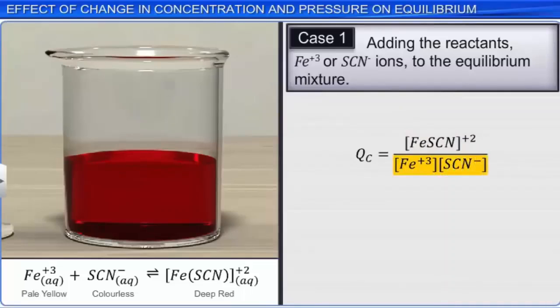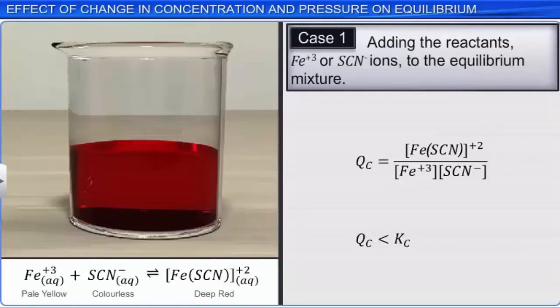On the addition of Fe³⁺ or SCN⁻ ions to the equilibrium mixture, the denominator value in the expression for the reaction quotient increases. This results in a decrease in the value of the reaction quotient. Now, the value of Qc becomes less than Kc. You have already studied that when Qc is less than Kc, the reaction proceeds in the direction of formation of products.